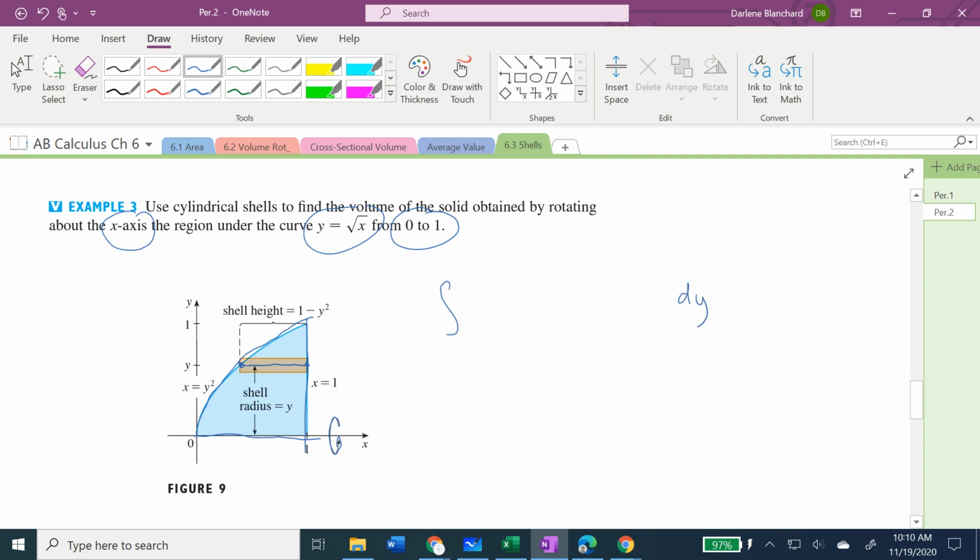I need to know the y coordinates where it exists. And for this particular function, when x is 1, y is 1. And now I'm ready for the area formula for the integrand. If I'm using cylindrical shells, then the area formula is 2 pi r h.